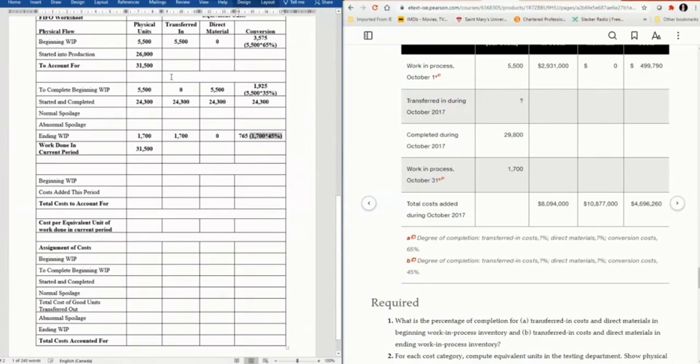All right, so now let's add up my columns. I got 24,300 plus 0 plus 1,700 gives me what, 26,000. I've got 5,500 plus 24,300 plus 0, which gives me what, 29,800.